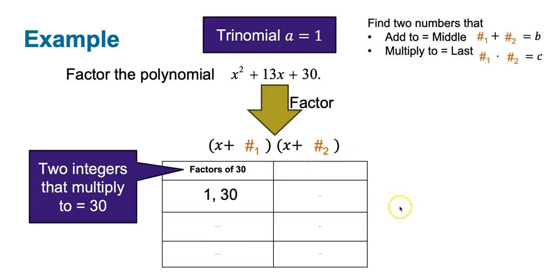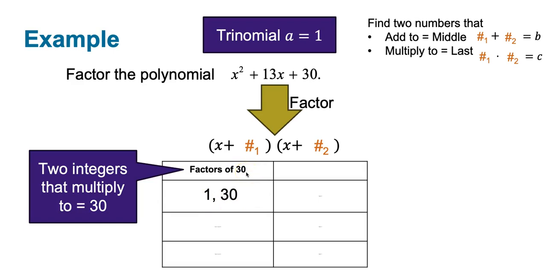The first pair of numbers that we could think of is 1 and 30. If you multiply those two together, 1 times 30, you get 30. Therefore, 1 and 30 are factors of 30. Notice that 1 and the number will always give you a factor pair of that number.